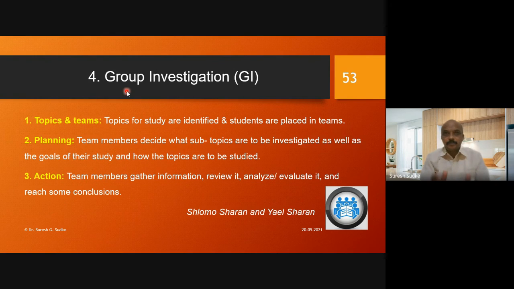They will divide the topic into subtopics, and depending upon individual ability, they will divide that part. Then the team members gather the information, review it, analyze it, evaluate it, and make the conclusion.